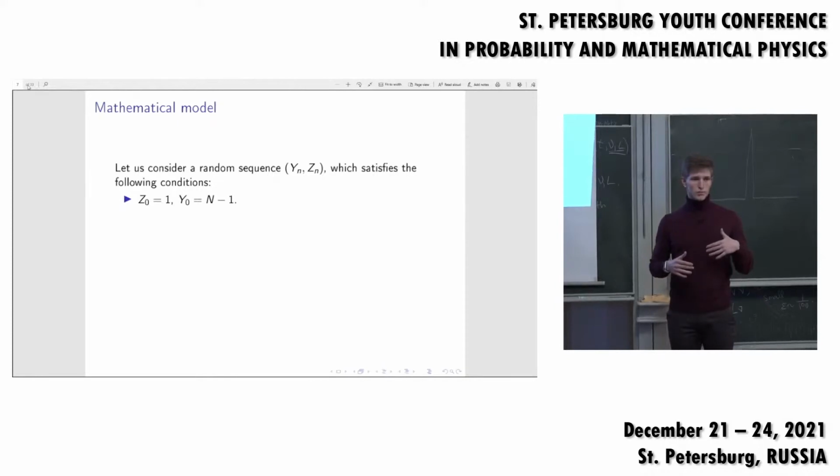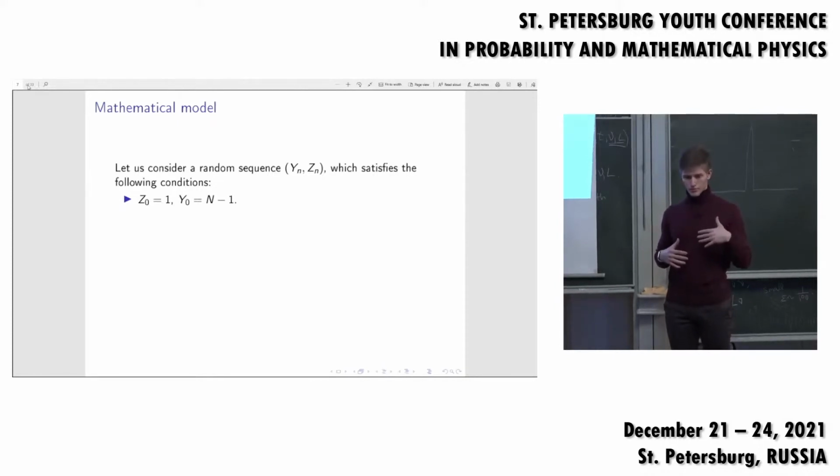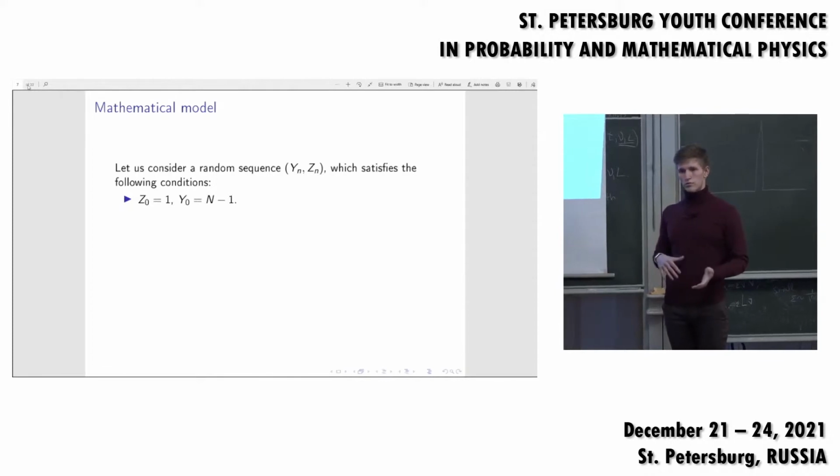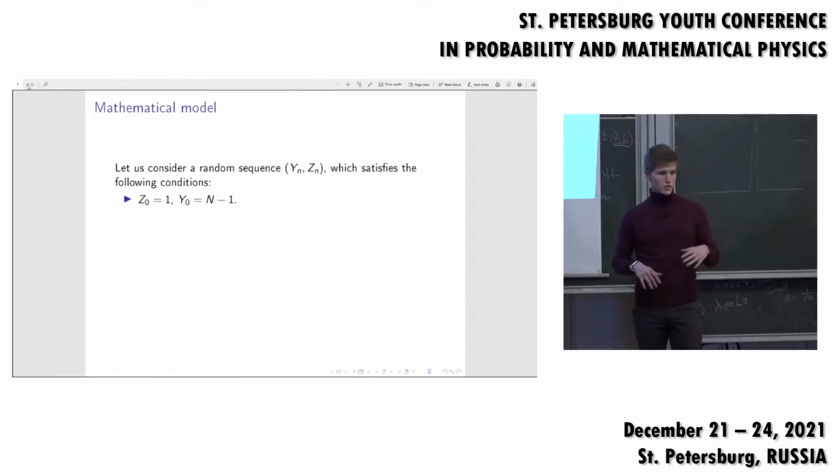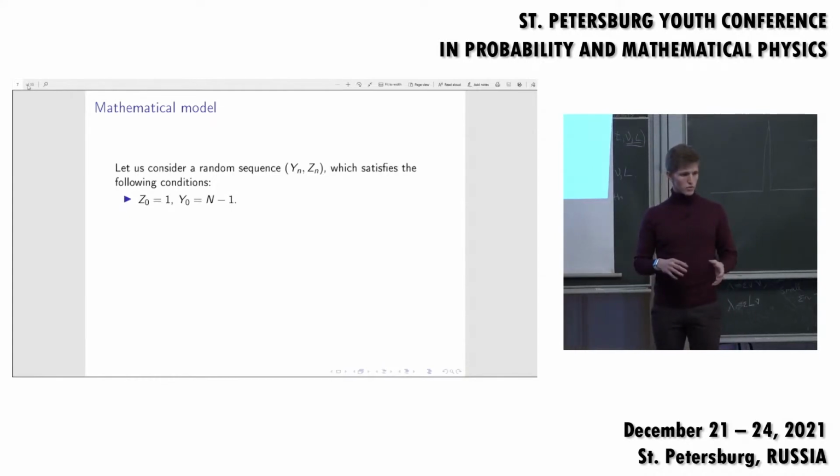Z will correspond to the quantity of infected persons at the moment n, and Y is the quantity of not infected and not removed people, who are not immune.